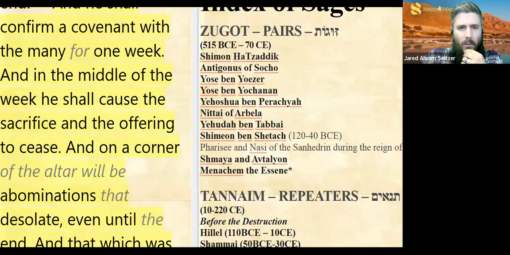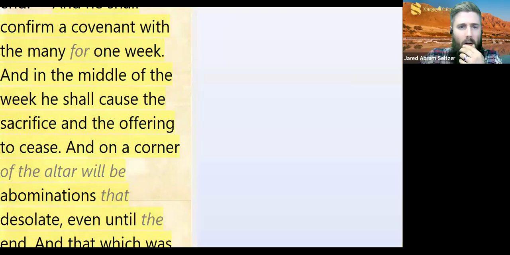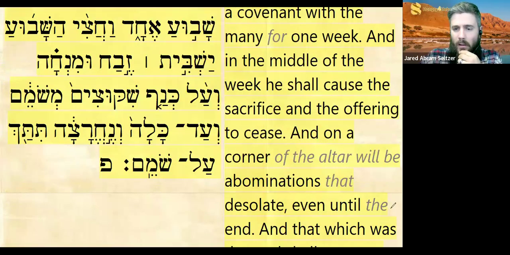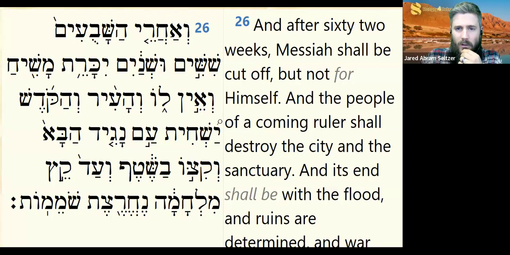No, it's 24 probably. Let me scooch this over a little bit and turn on the compare and go up to, I think, verse 24. Okay, here it is. Ha-shavuim. So shavuim is what it's using for weeks.